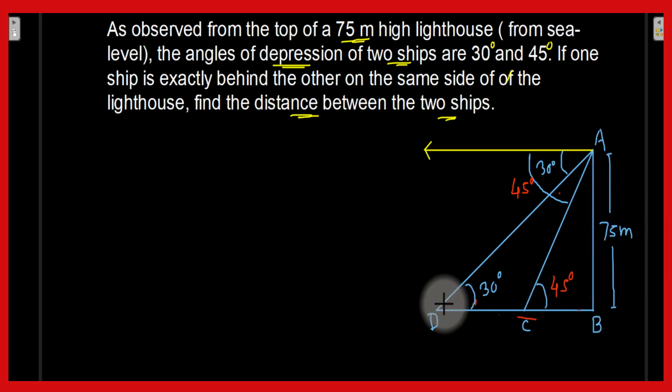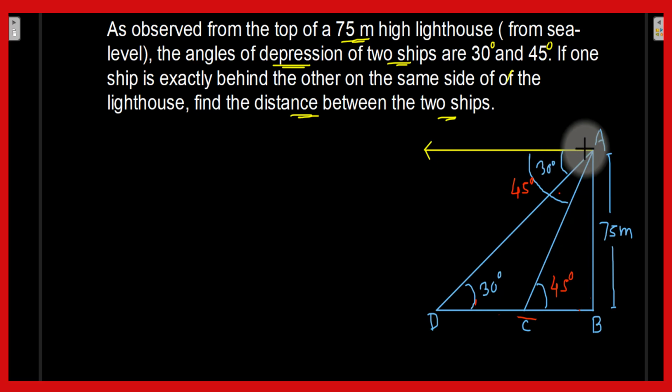and C and D are the two ships exactly behind one another, and the foot of the lighthouse and the two ships are in a straight line, and someone from the top of the lighthouse is observing the ship D and ship C. When a person from the top of the lighthouse observes the ship D, the angle of depression is formed.